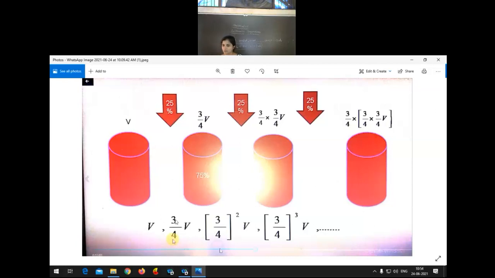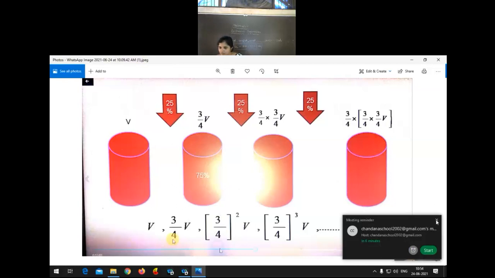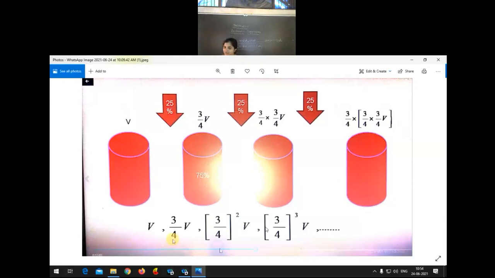Next, when this becomes 100%, 3/4 of it remains, so another 3/4 is multiplied: 3/4 whole square into V. One more time, again 75% of it, one more 3/4 we take, so 3 by 4 whole cube V. If we continue this sequence, 3 by 4 to the power of 4 into V, 3 by 4 to the power of 5 into V, like that we'll get the sequence.